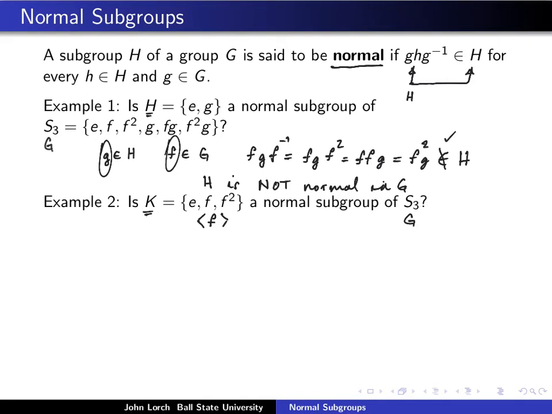So now let's just pick, say, F in K, and we'll pick something in the larger group, say G in S3. And we're going to conjugate F by G. So we're going to take G, F, G inverse.